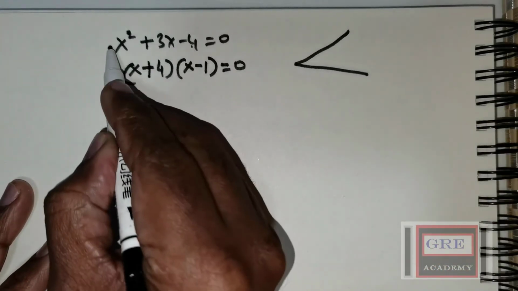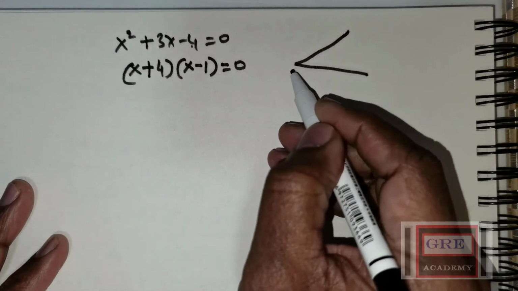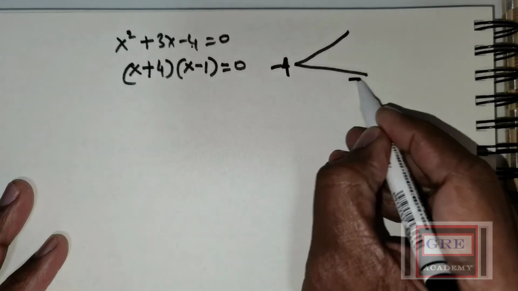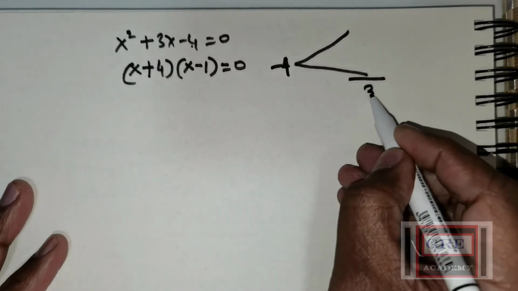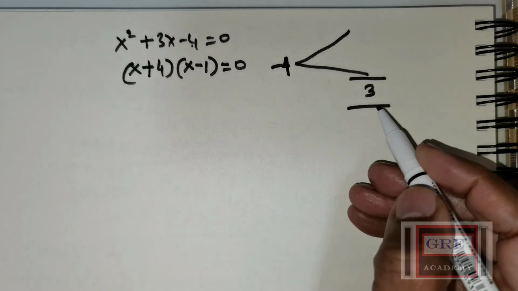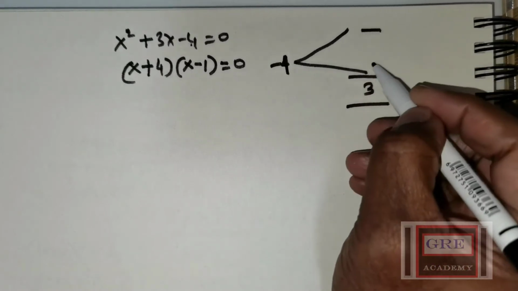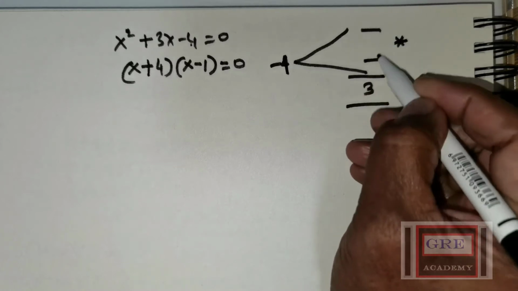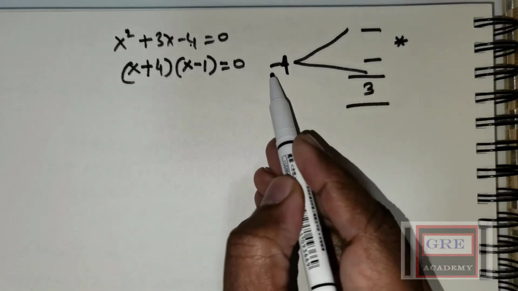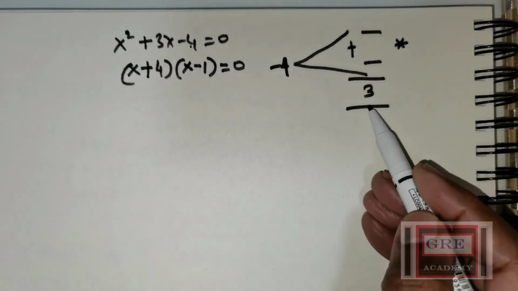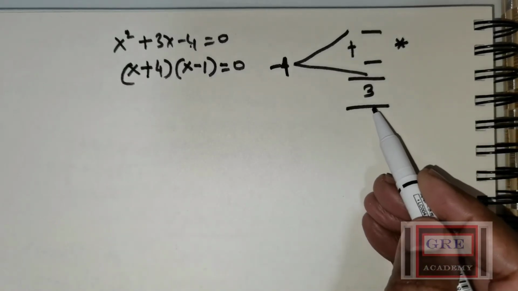Negative 4 times the coefficient of x squared is 1, so that's going to be negative 4. So place negative 4 here. Draw a line and place the coefficient of x down here. Now you need to find two numbers to place them here, so that the product of those two numbers, when you multiply those two numbers, you're getting negative 4. But when you add those two numbers, you're getting positive 3.